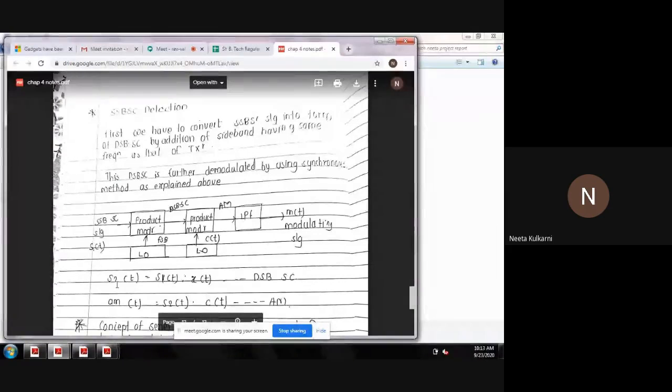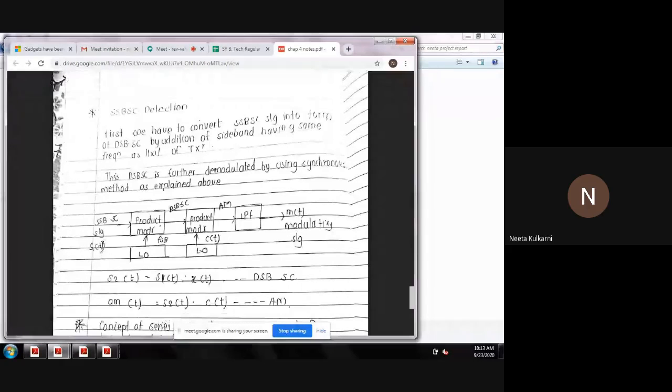Equations बघा कसे येतील इथं. Let us say this is S1 of T. So S2 of T म्हणजे काय आहे? प्रोडक्ट मॉड्युलेटर 1 चा आउटपुट.